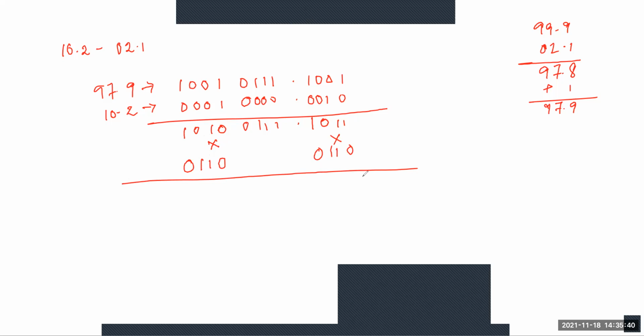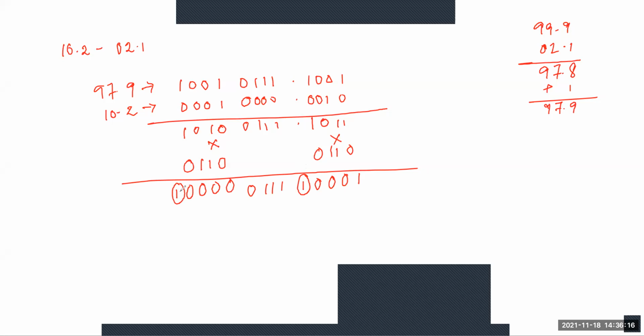So this is 1, this is 1 plus 1, 0, carry 1, 1 plus carry 1, this is also 0, 1 plus carry 1, this is 0, carry 1. Next is 0, 1, 1, 1. This is 0. This is 1 plus 1, 0, carry 1. 1 plus carry 1 is 0. 1 plus carry 1, this is 0, carry 1.